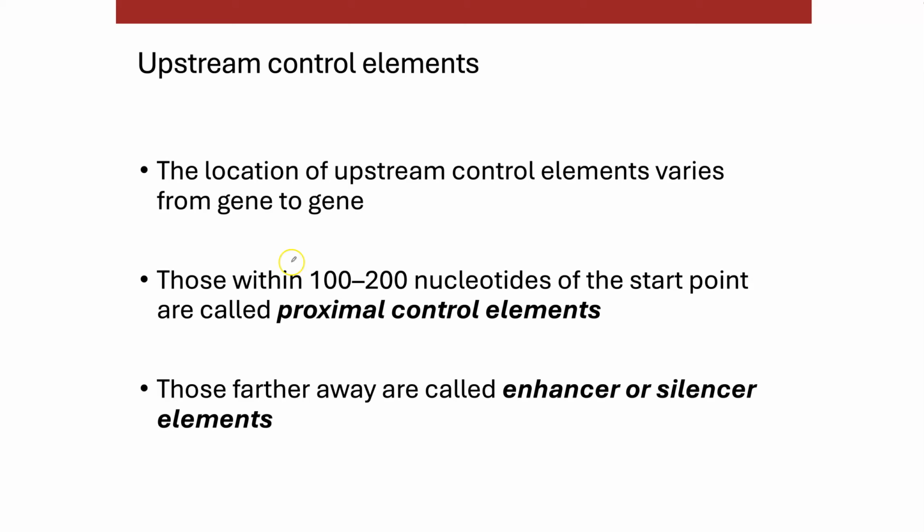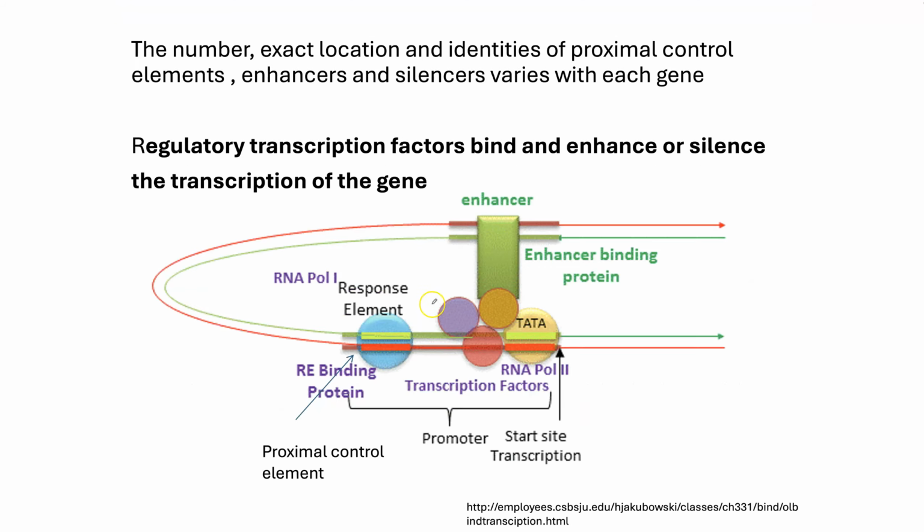Okay, now there are these upstream control elements, and they are the proximal control elements that we've already talked about, but there are further away ones that are called enhancers or silencer elements, and these are the ones that give rise to proximal control elements and your general promoter, your TATA box.